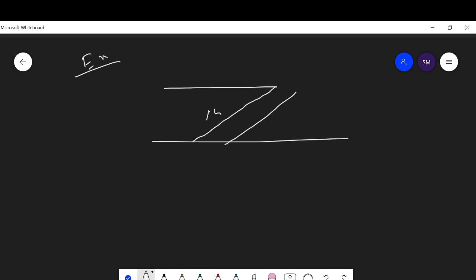Here the angle of elevation is given as 45 degree, and we have to find out the width of the river. This is the width of the river. Let the width of the river be x.